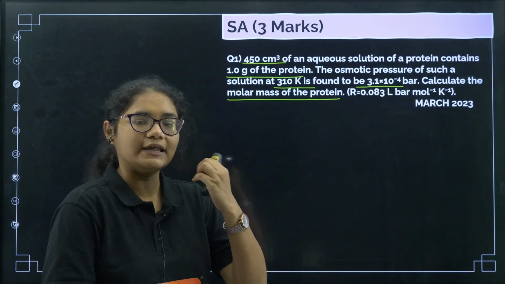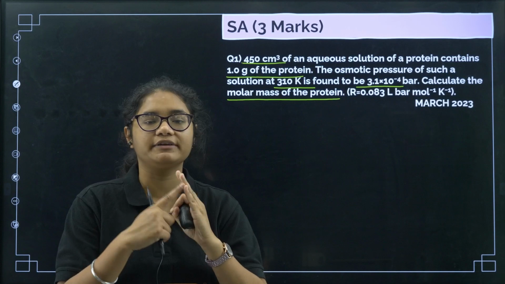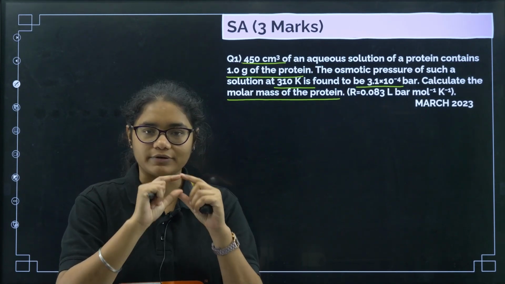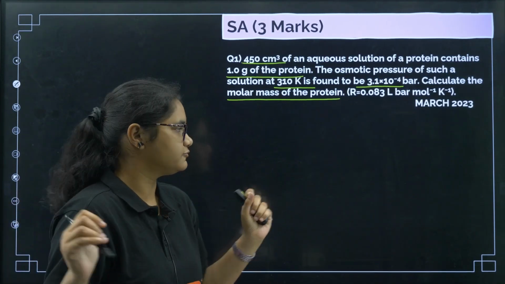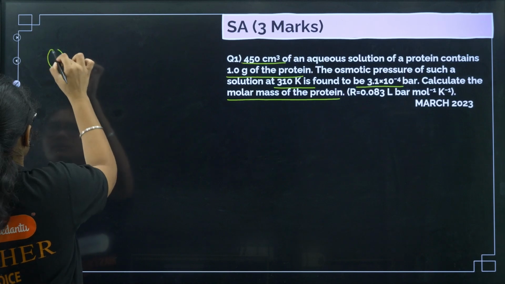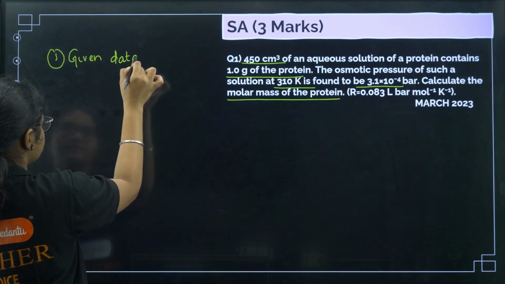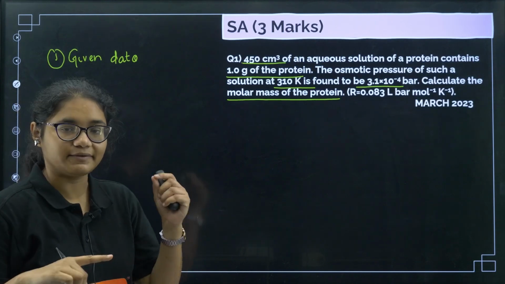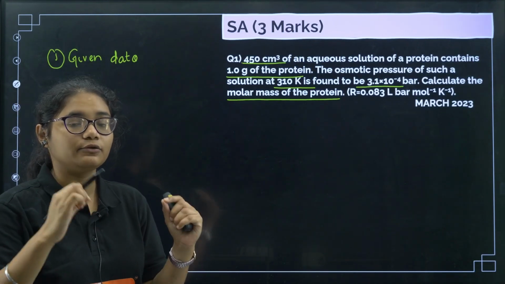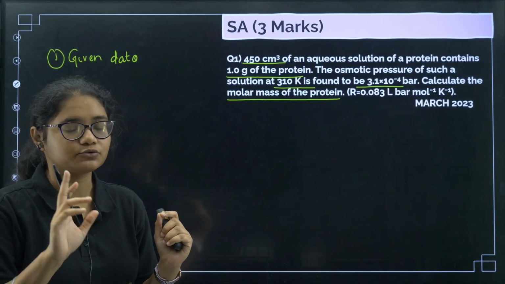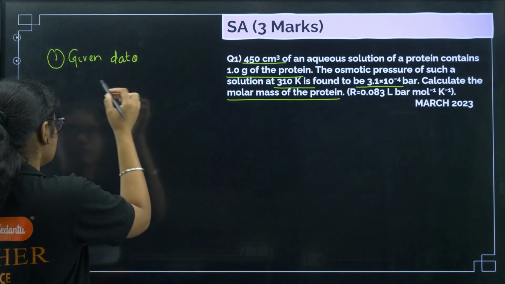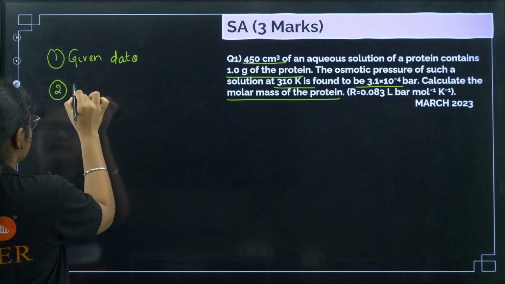Now while solving any numerical question, you need to follow steps. First step is to write the given data. This step does not carry any mark, but it is very important so that you solve the question correctly, so please do not miss this step. Second step is to write the formula.